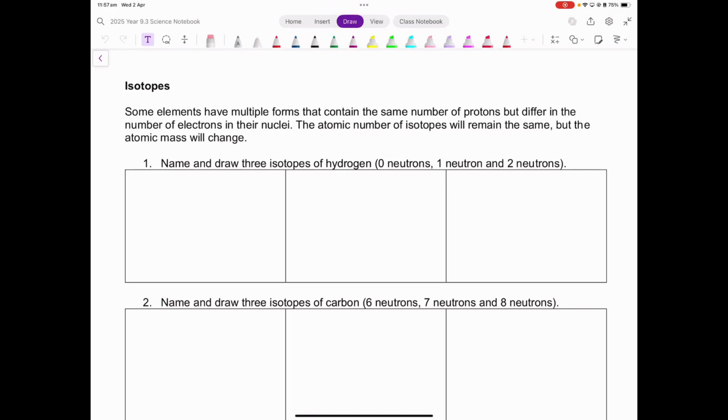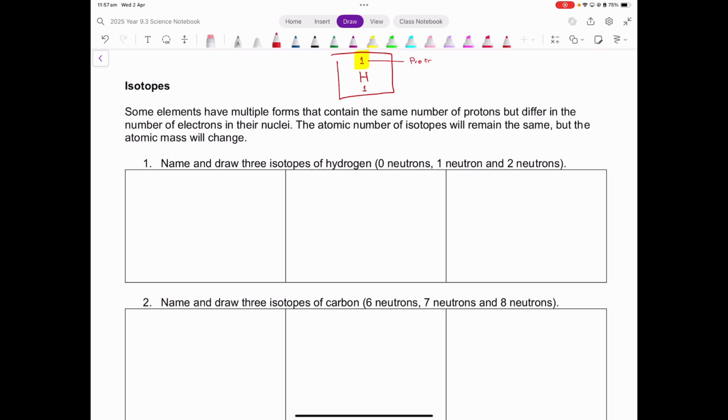Isotopes. All right. So when we're talking about elements, so far we've identified some really key things, such as if I draw, let's say, hydrogen here. Hydrogen has an atomic number of 1 and it has an atomic mass of 1. What is this atomic number also the same as? It is equal to the number of protons.